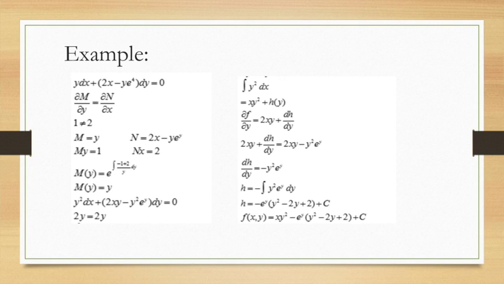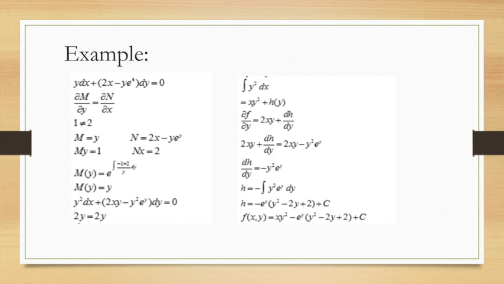Then now when we check, ∂M/∂y is equal to 2y, and ∂N/∂x is also equal to 2y. Now this has turned from a non-exact differential equation to an exact differential equation since they are equal.